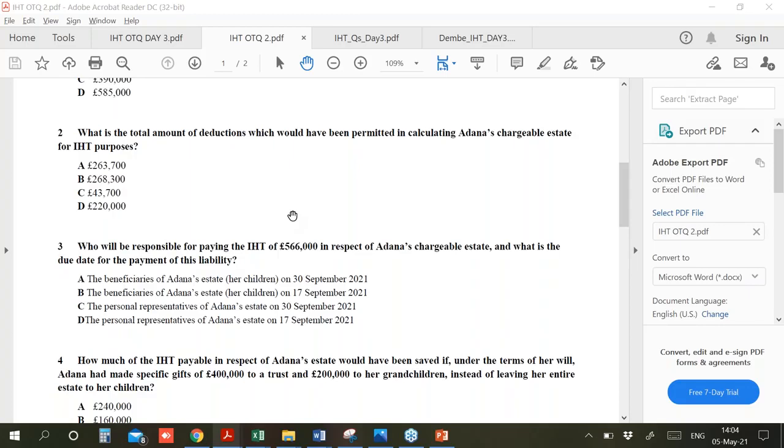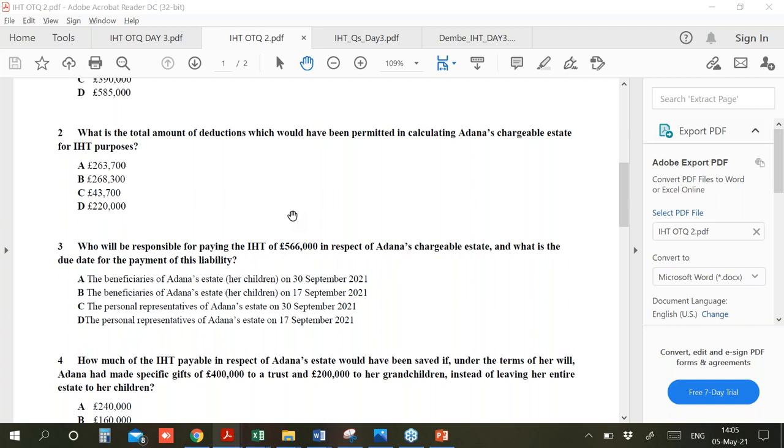Why is that? Because there is a standard rule that the IHT of the death estate is paid by the representatives of the person that died. For example, in our case, the IHT will be paid by personal representatives of Adana. Okay. Now, what is the date of the payment? That is what we have to tell as well.